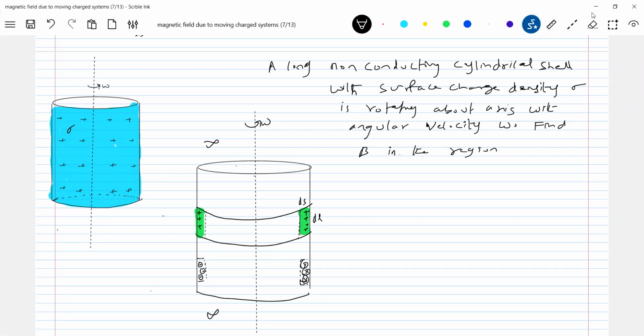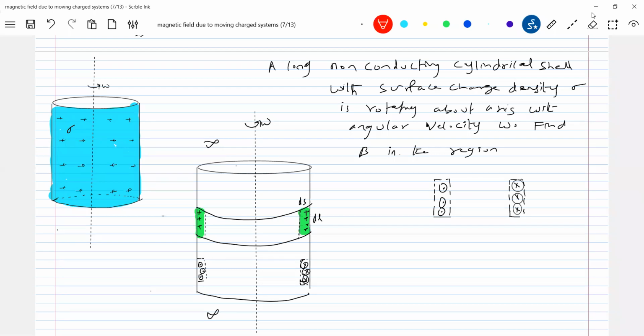Now, how will this sheet produce field here? So bring out those two sheets, only a part of the strip here. Actually it's long, so for our convenience I'm just showing this one. Now, how should B bar due to this be?